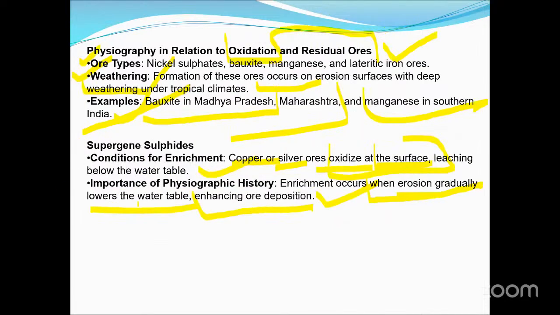And physiography in relation to oxidation and residual ore deposits: what they are, where and how they form, and examples from India. And supergene sulfides, how they form, the best examples like copper and silver, oxidation at the surface or leaching below the water table, and the importance of physiographic history.